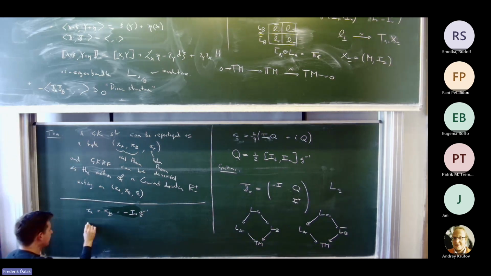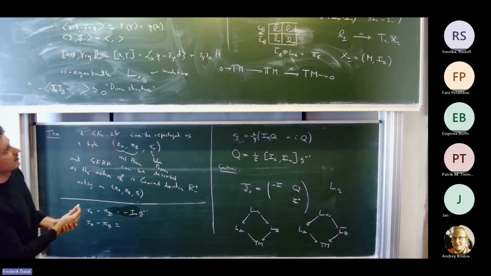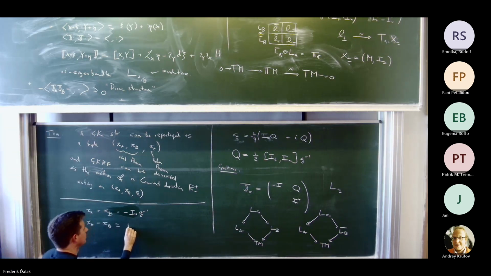If I take the difference, minus I B, you get I minus G inverse.